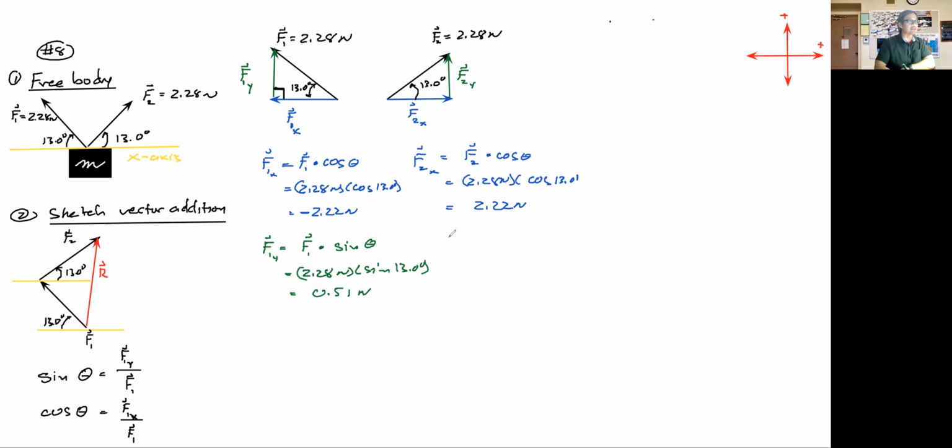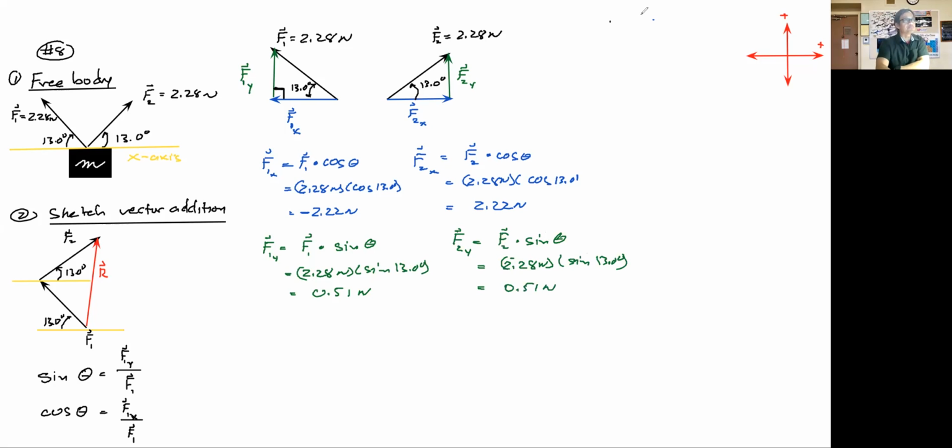We do the same thing for the y component of F2, which is F2 times the sine of angle theta: 2.28 newtons times sine of 13 degrees, and we again get 0.51 newtons.